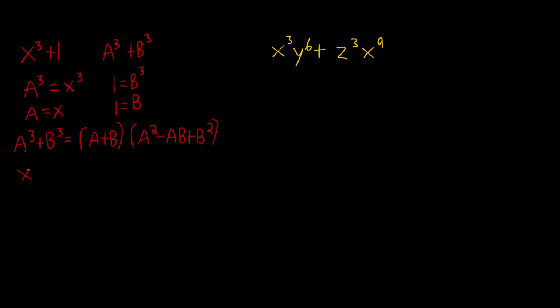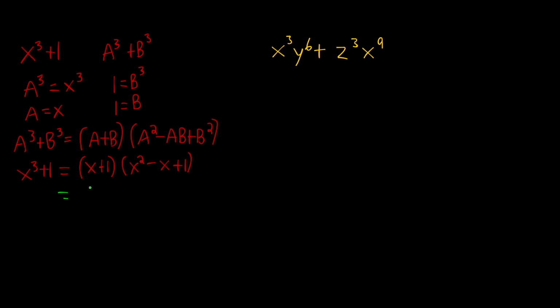So in this case, we're going to get x cubed plus 1 is equal to, and now we just plug in our variables. So x plus 1, x squared minus x times 1, which is just x, and then we have plus 1 there. As an exercise, what we could do is expand this to see if we get the same result.